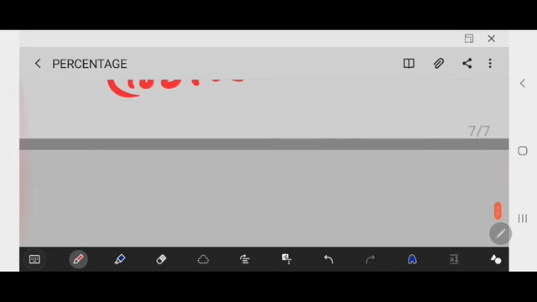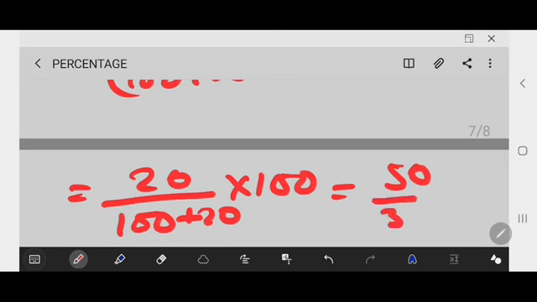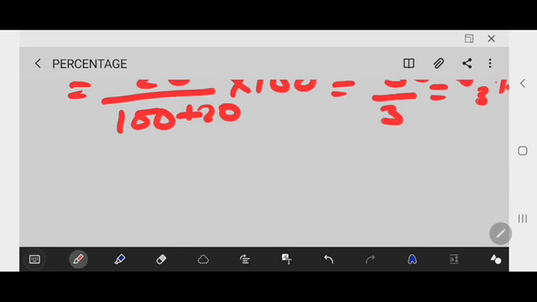So we'll solve it: 20 by 100 plus 20 into 100. So the answer will be 50 by 3, which is equal to 16 2/3%. Okay, next example.